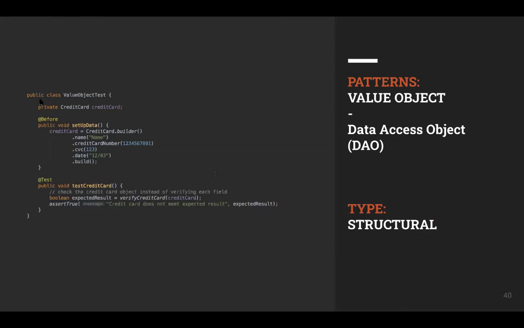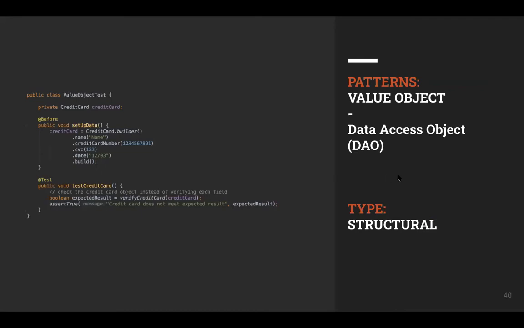So, for example, in preconditions, we can create some credit cards, as here we have, and populate the object with some data. And then in the test, we are testing not the values, but the object itself, the validity of this object.